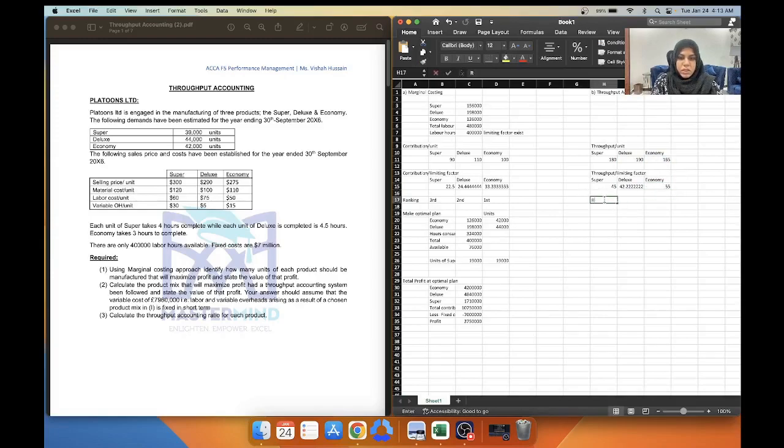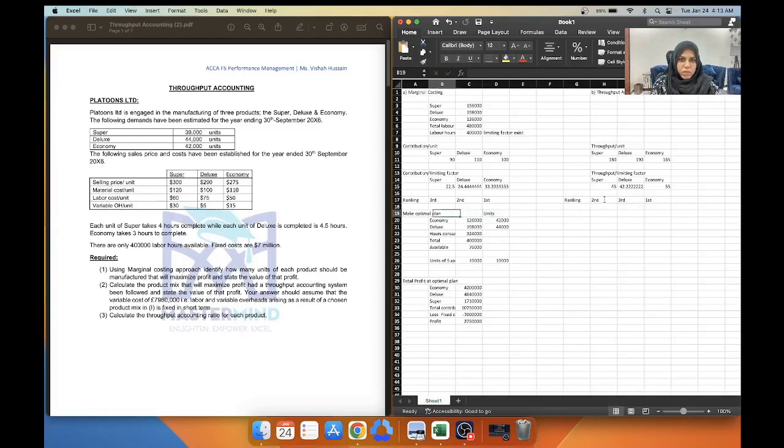Once you have that, now you need to rank your products. So again, highest throughput per limiting factor. So economy gets the first rank, super gets the second rank in this one, and deluxe is the third one.